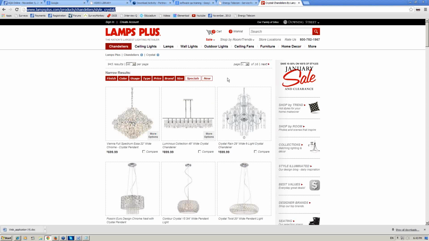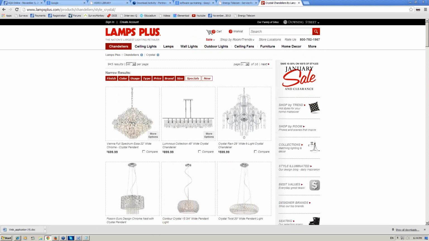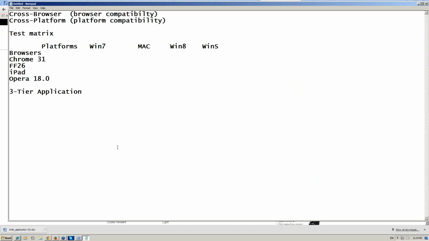I'm pressing F5 on my keyboard to refresh. 1, 2, that's it. 2 seconds, which was very fast. So what we are talking about right now is performance testing, which is a more generic term, because under performance we have load testing, which is another type, a subset of performance. Okay, good.